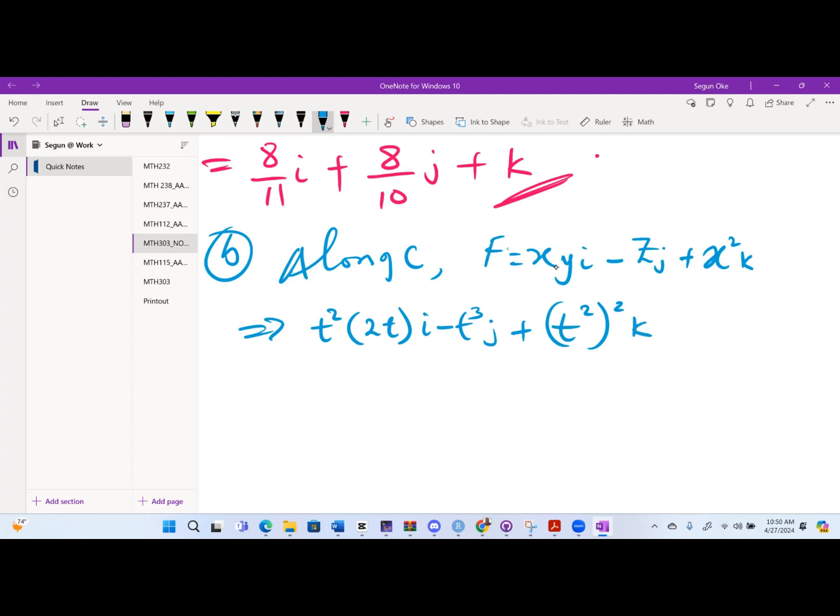When you resolve this one, we are talking about F, don't forget. This will be T raised to power 2, T raised to power 3 i, minus T cubed j, plus T raised to power 4 k. That is only F.